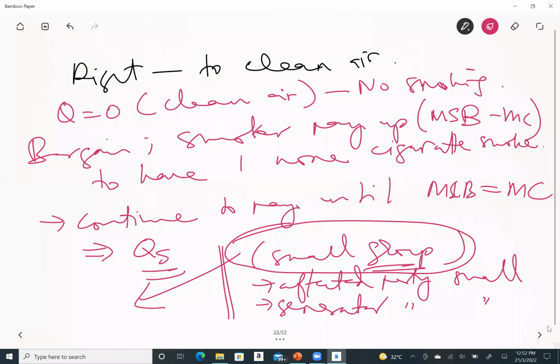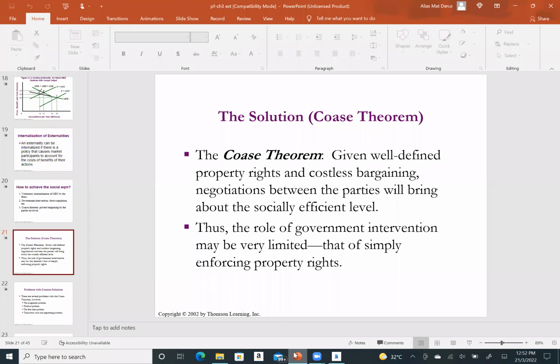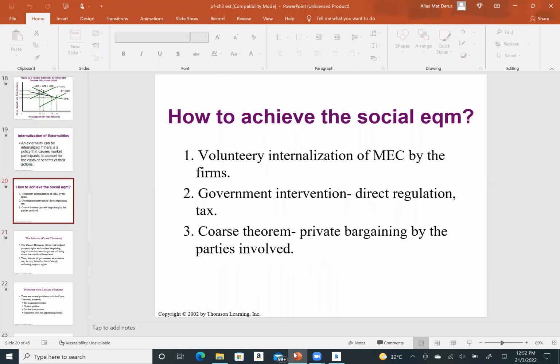So the Coase theorem can work, but only in very limited situations. With a small group, it can work. With a big group, it is difficult. So if you have a bigger group, then you need the government.